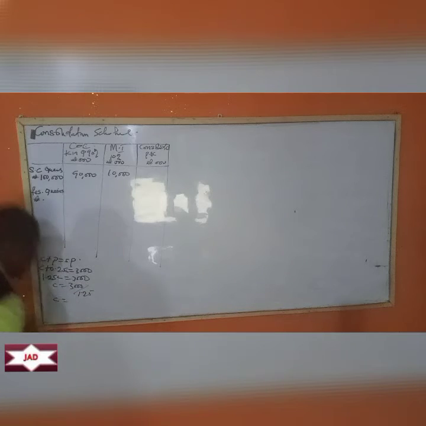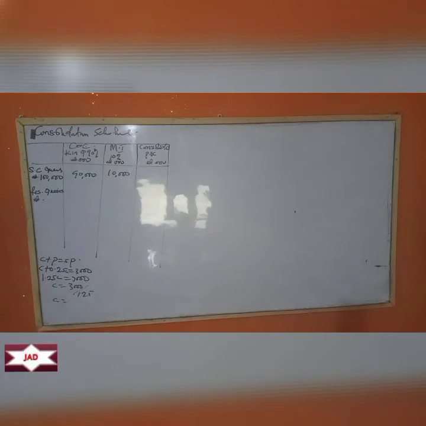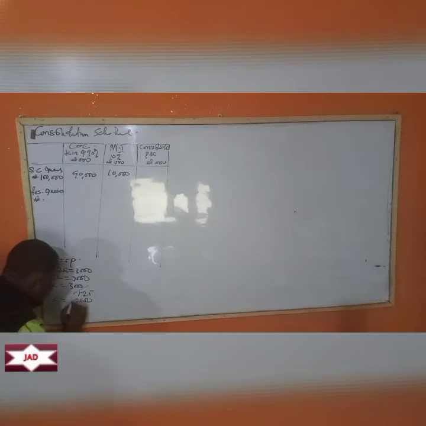So what is C? If you divide 3,000 by 1.25, that's 2,400. C is 2,400 naira.